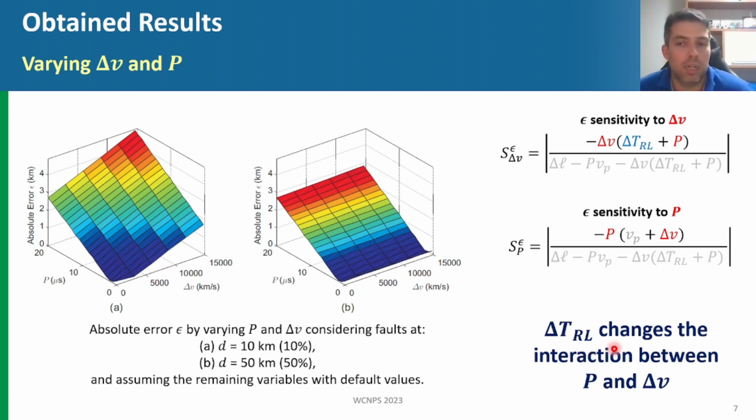So delta TRL changed the interaction between P and delta V. This is the conclusion from these results.